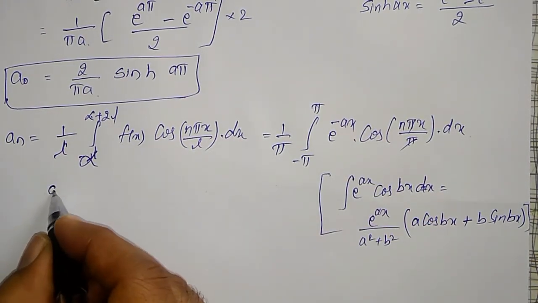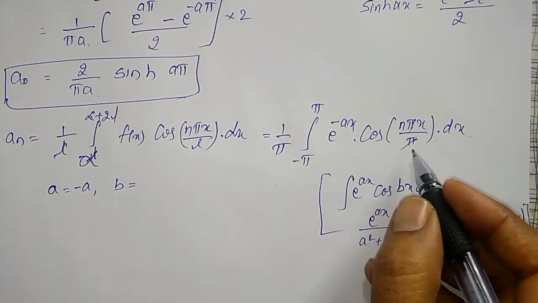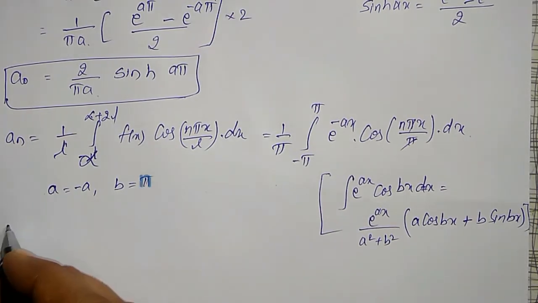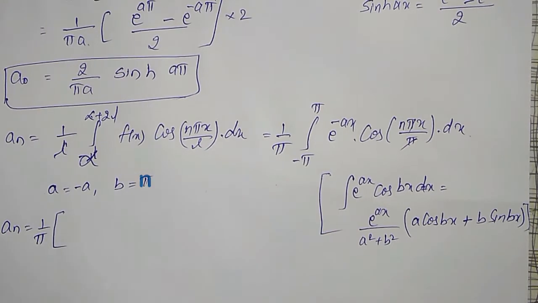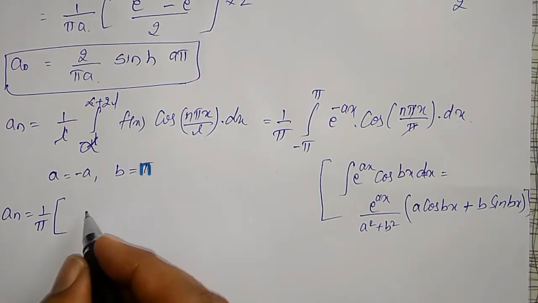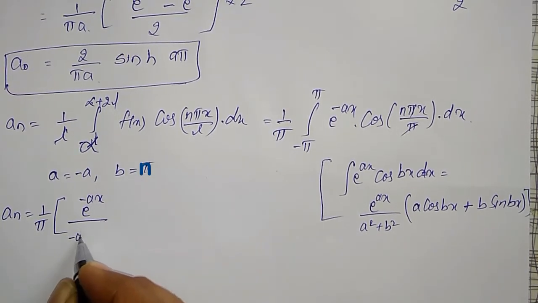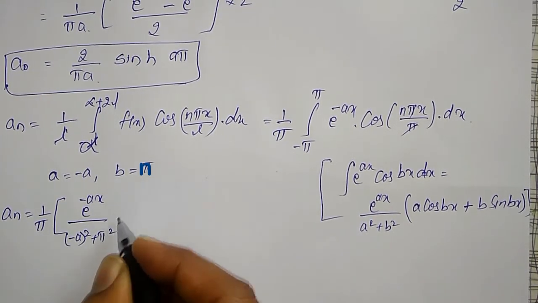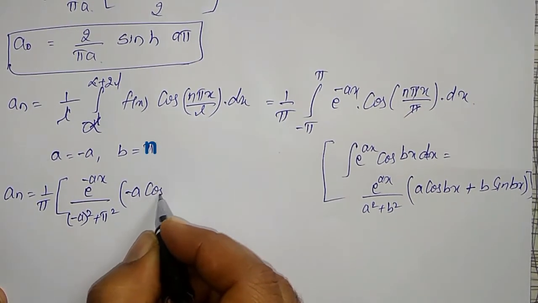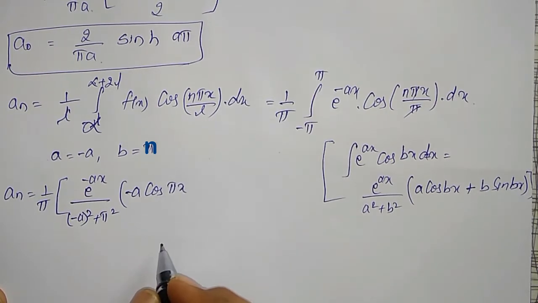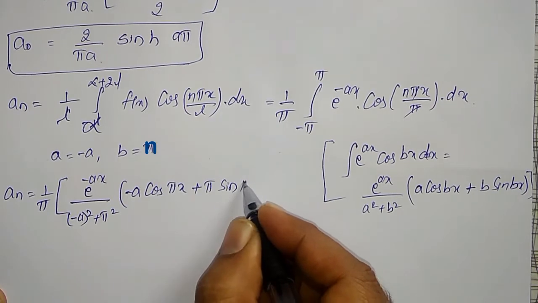Comparing with this, a is equal to minus a and b is equal to n pi. Therefore, an will become 1 by pi, this integration e to the power minus ax divided by minus a square plus n pi square into minus a cos n pi x plus n pi into sin n pi x.